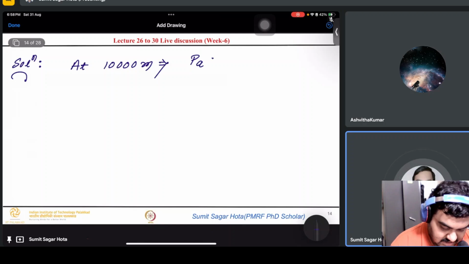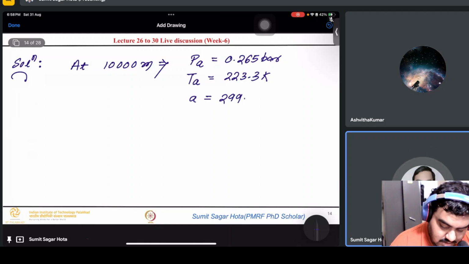So PA will be 0.265 bar, and TA they have to give us 223.3 Kelvin, and at that position the sonic velocity is 299.5 meter per second. These values are given.